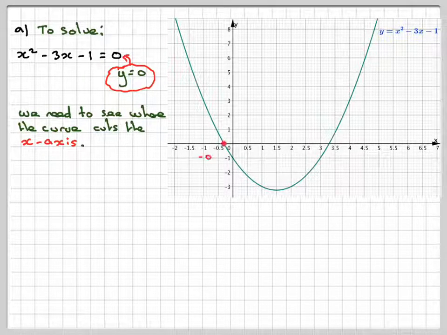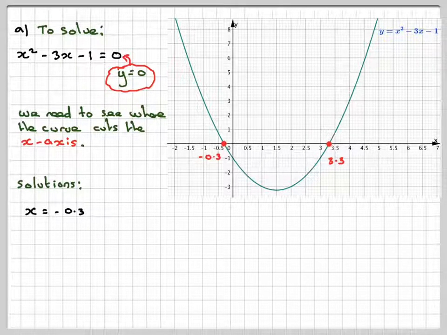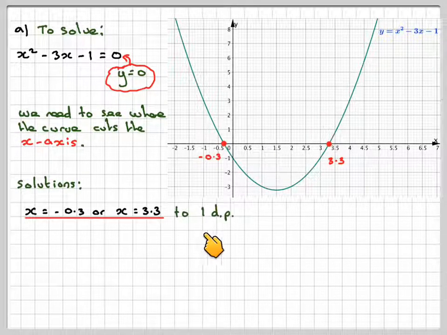To show the examiner, we need to put on a point here and read off carefully the scale, minus 0.3. And here also read off the scale, 3.3, and then write down the solutions. X is equal to minus 0.3 or 3.3 to one decimal place. That's the degree of accuracy expected for this type of question.